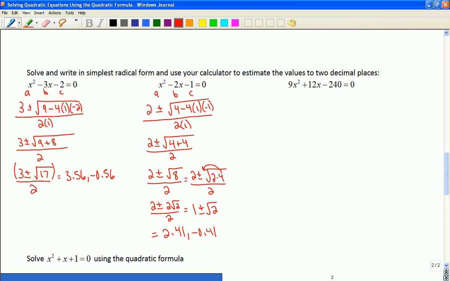Okay, so these numbers are getting a little larger. It'd be tricky to factor these. So it's good that we have another technique here. So negative b will be negative 12, and plus or minus the square root of b squared minus 4ac, all over 2a.